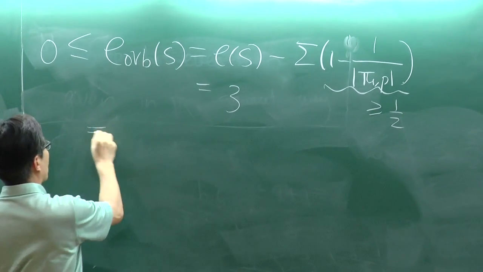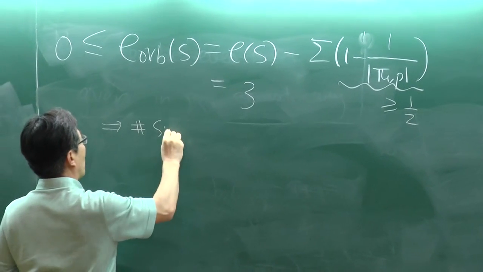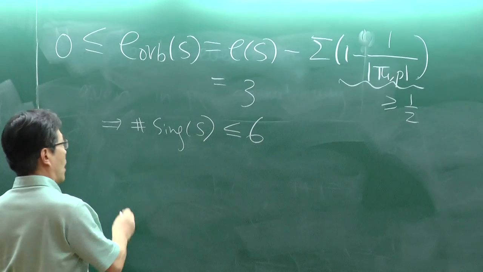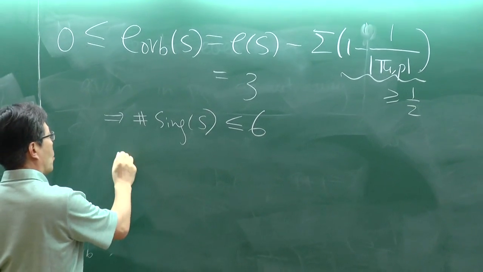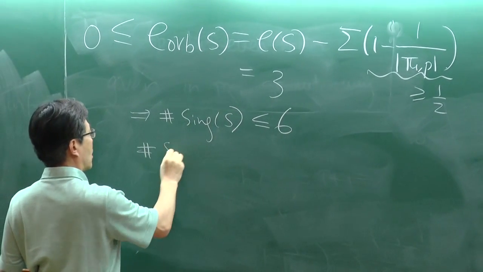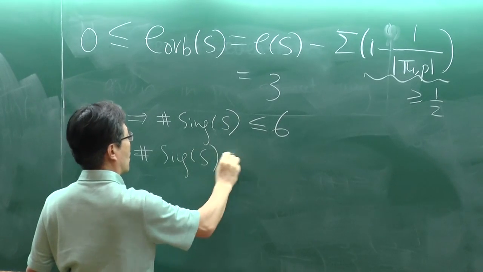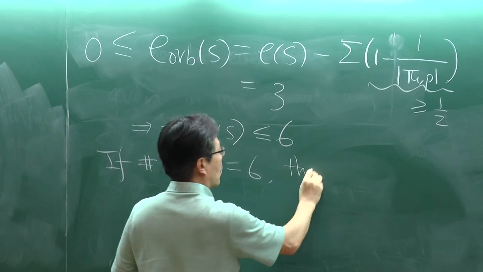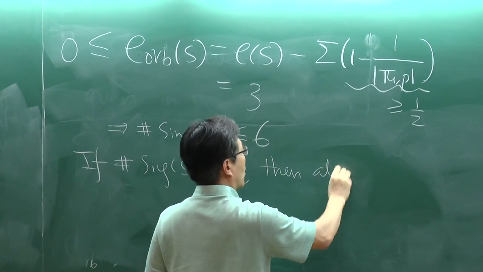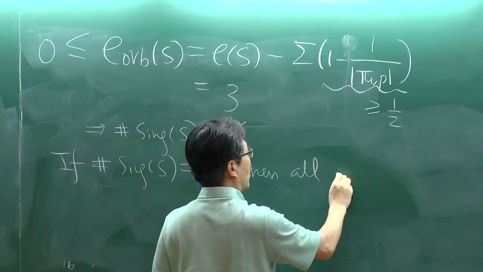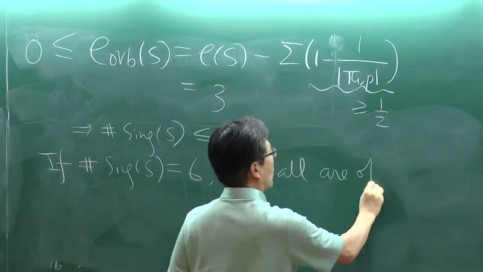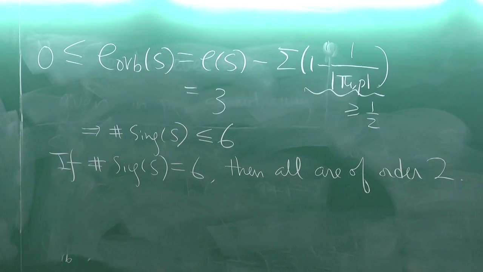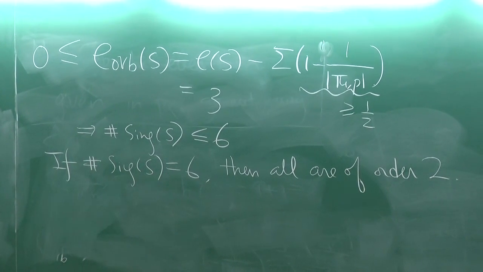This implies the number of singular points is at most 6, and if this is equal to 6, then all are of order 2, so 6A1 singularities.